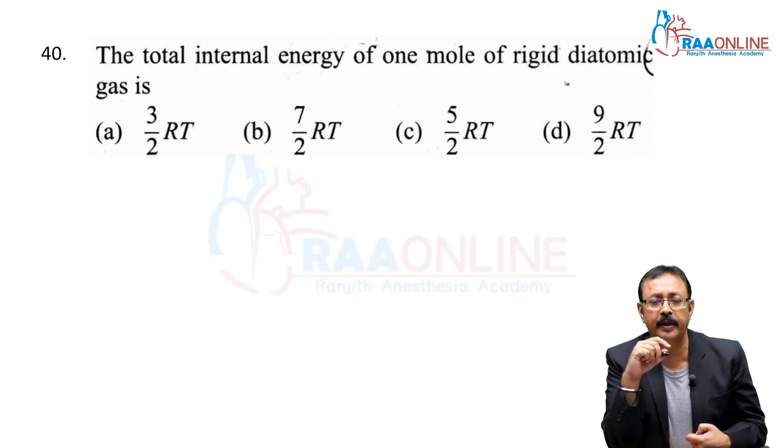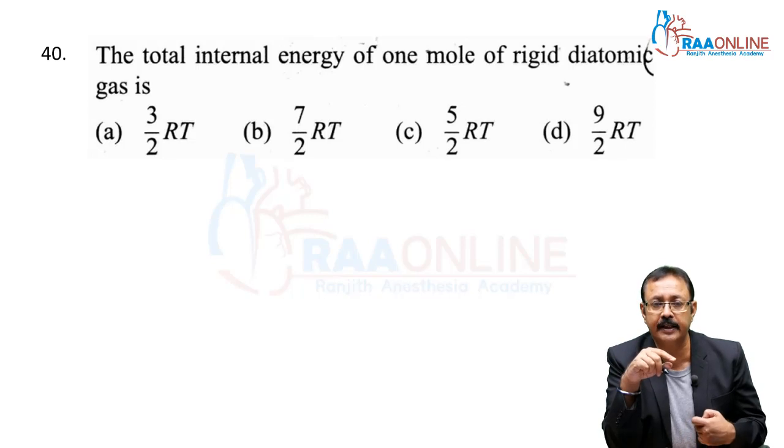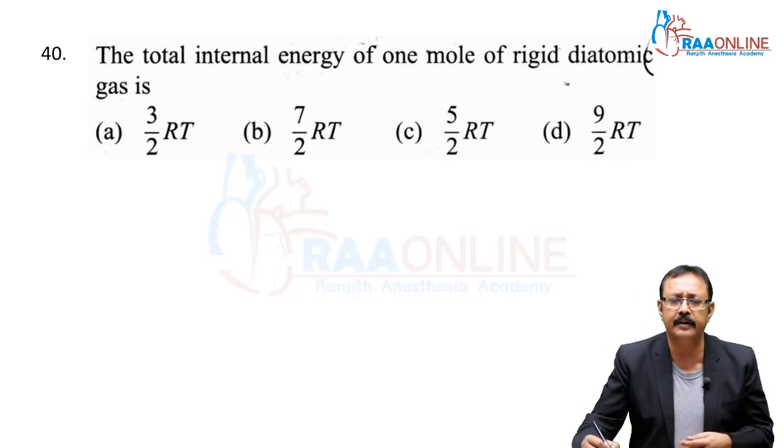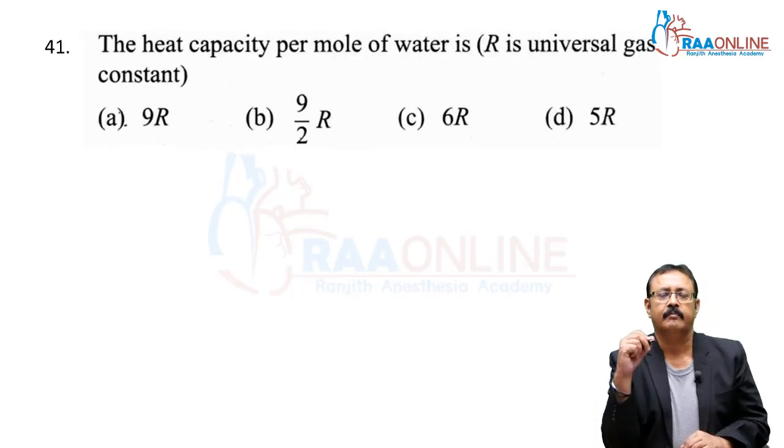For diatomic, it was 5/2 RT. For monoatomic, it was 3/2 RT. For polyatomic, it was 6/2, meaning 3 RT. So we have done that in our derivation, and we are going with 5/2 RT.